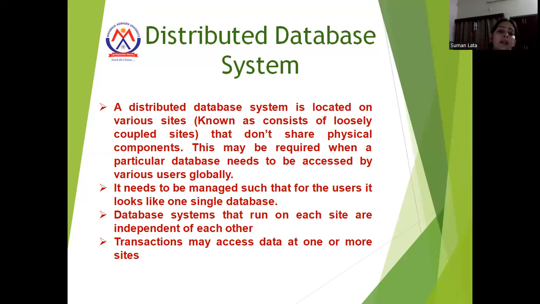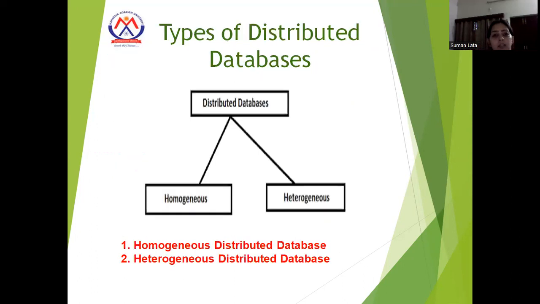It needs to be managed such that for the users, it looks like one single database. Database systems that run on each site are independent of each other. It means different database systems are running on different sites, and all sites have independent database systems. A transaction may access data at one or more sites.